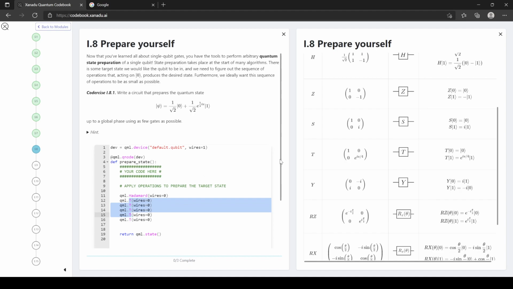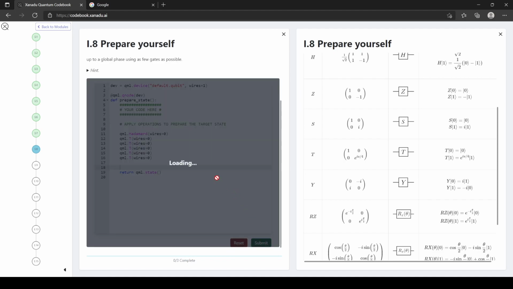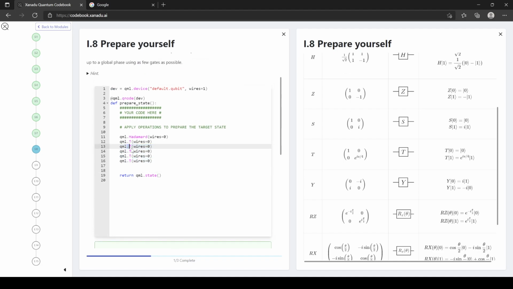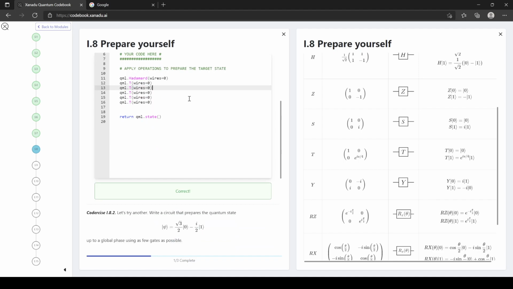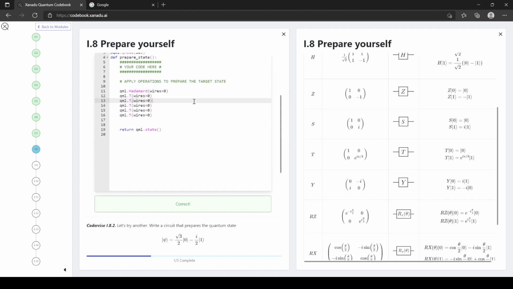I'm trying to remember the exact decomposition of how many goes into all of them. This should be correct. This is going to be a little awkward. I can't try again. But you could also just replace these two with S's. But that's just sort of the trivial understanding of how to get there.